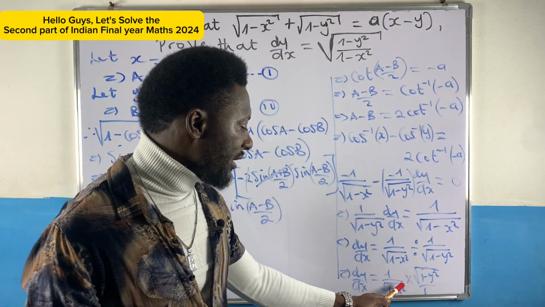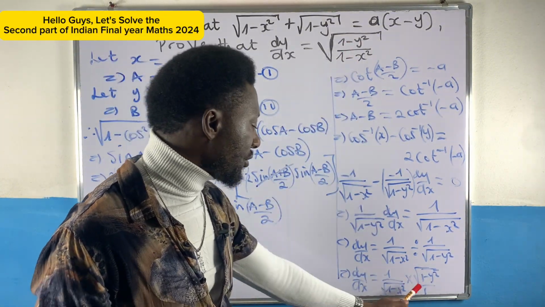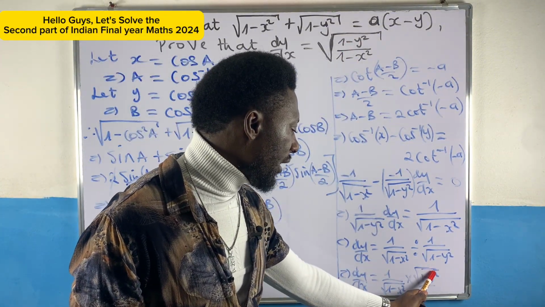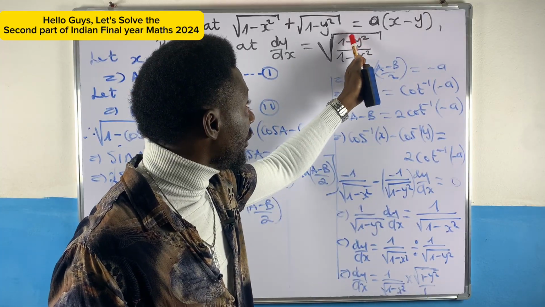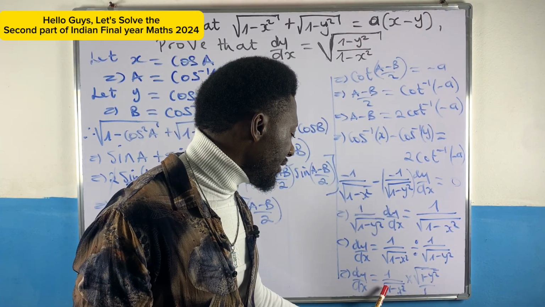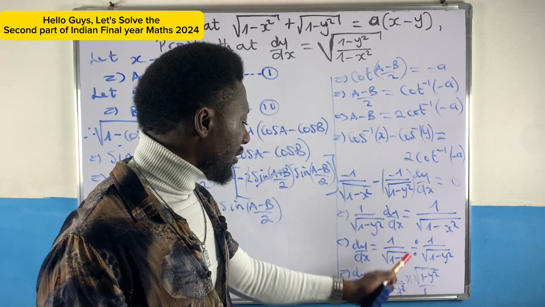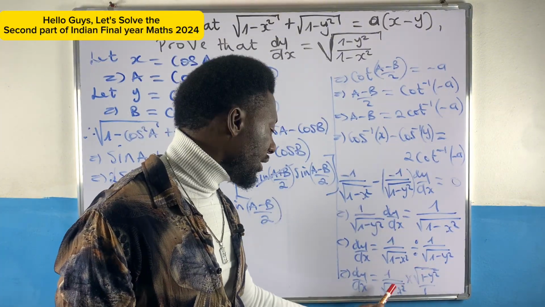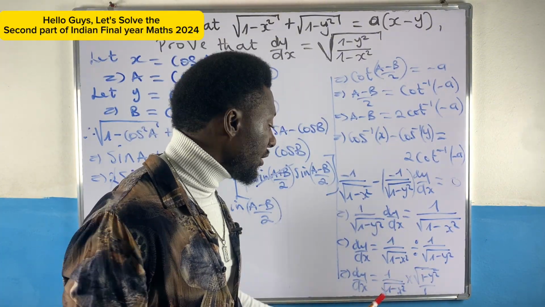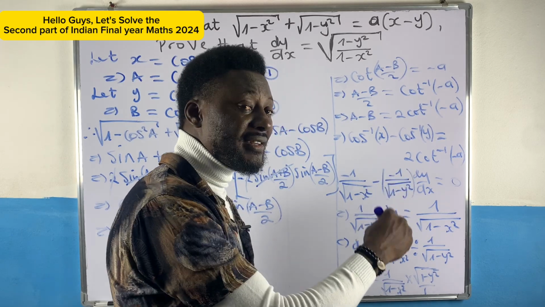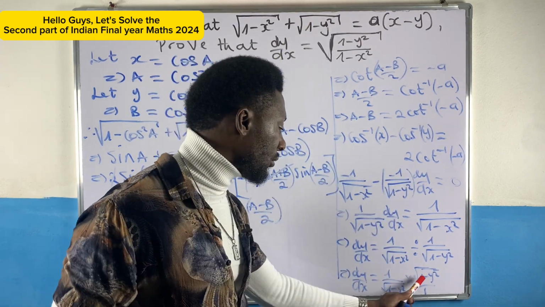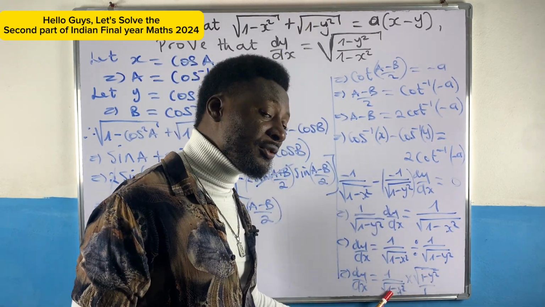Now, this relationship that I have here is the same as this, because 1 multiplied by the root of 1 minus y squared will give you the numerator, and the denominator is the root of 1 minus x squared. Since this numerator has a root, the denominator also has a root. Because there is no space here, you can write it as the root of all that, (1 minus y squared) on (1 minus x squared).